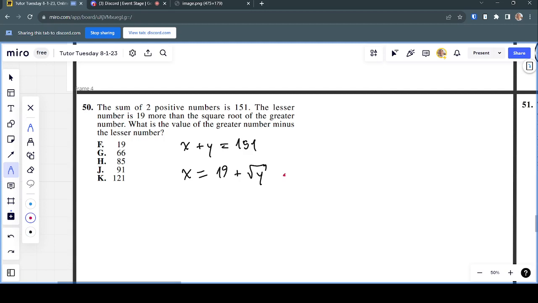First things first, I probably want to convert this equation to isolate the square root of y, or x minus 19 equals square root of y.